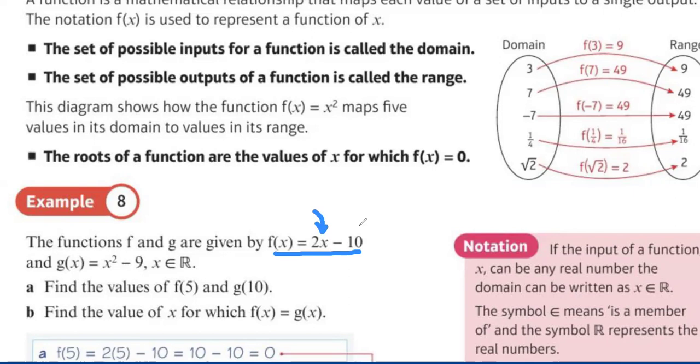Therefore, the domain equals real numbers, any real number. We can write like this. Also, the range is the same thing, because after simplification, f(x) or y varies from minus infinity to plus infinity. Then we can write like this.